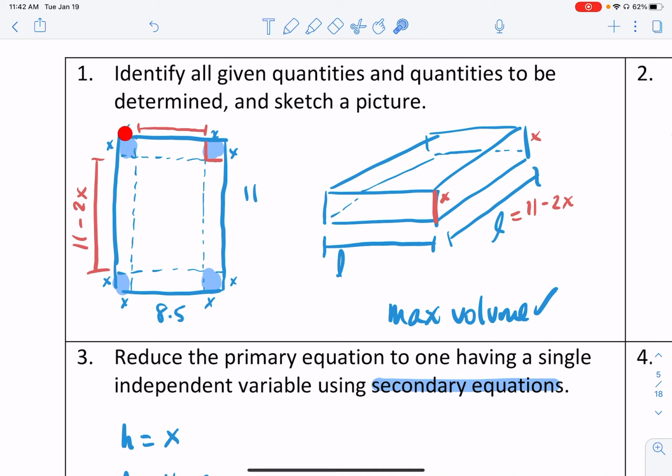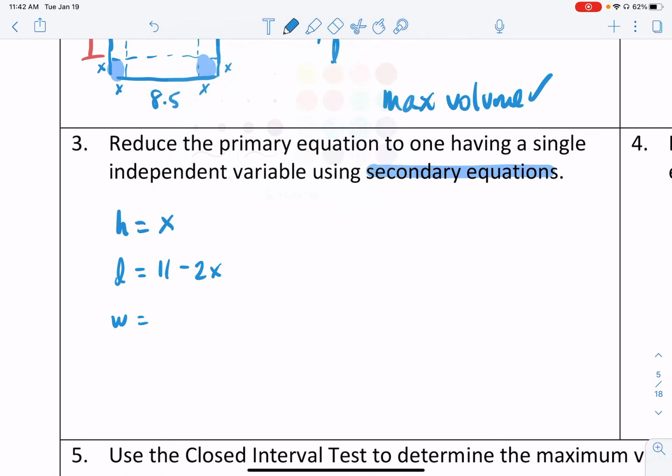I'll use this one up here because it's not quite as crowded. Okay, so just like the length, I'm going to take the whole entire side of this piece of paper, which is 8.5, and I'm going to take away an x from each one of these sides. How big is it? 8.5 minus 2 x's. 8.5 minus 2x. So there's our secondary equations.